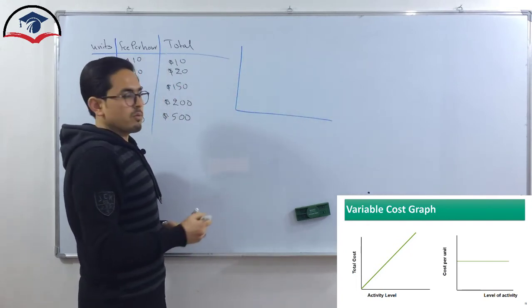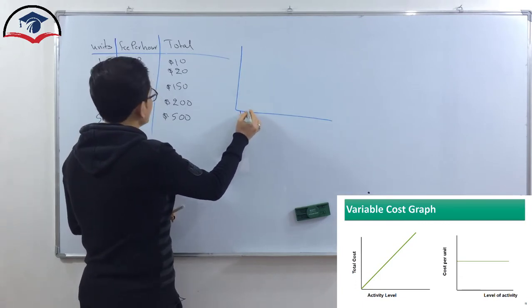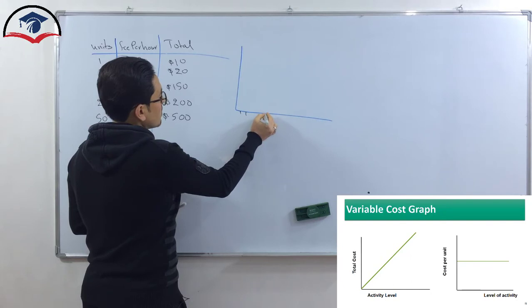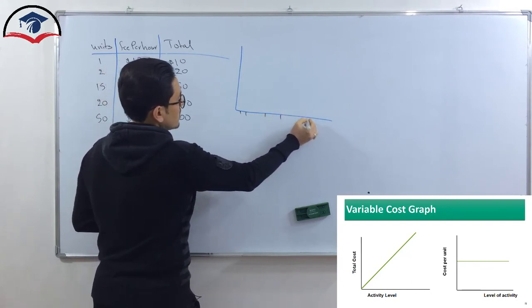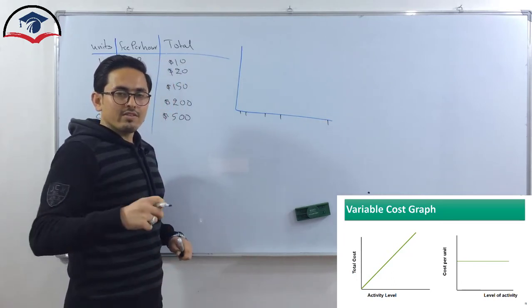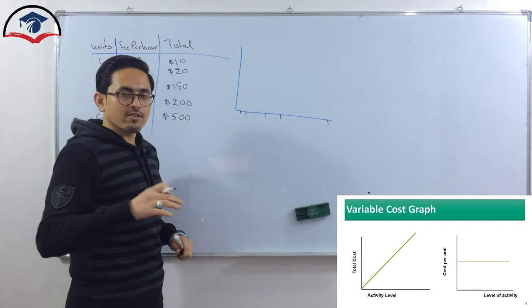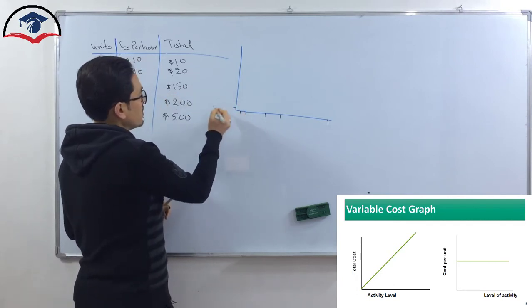Here it is. Suppose my level of activity is 1, 2, 15, 20, and 50. What is the change in level of total cost? For 1 unit, here it is $10.